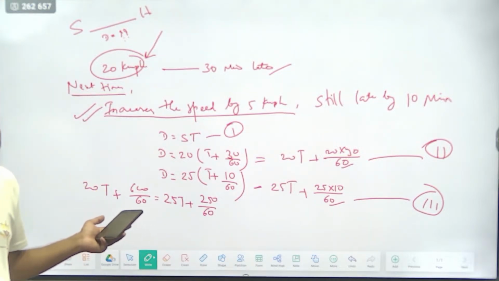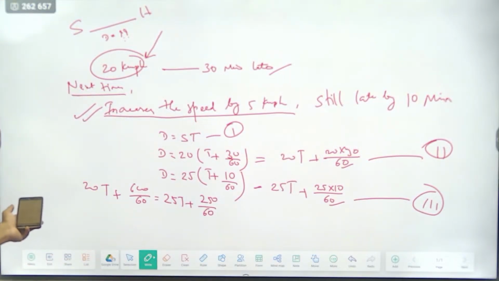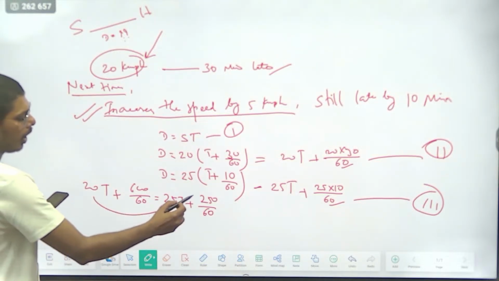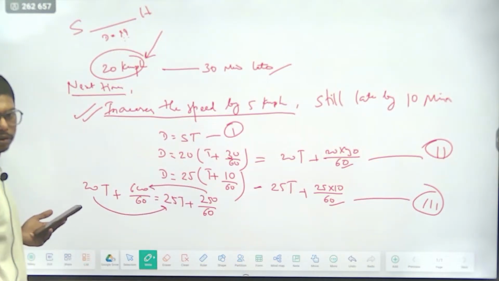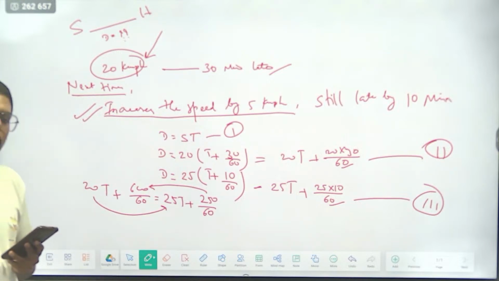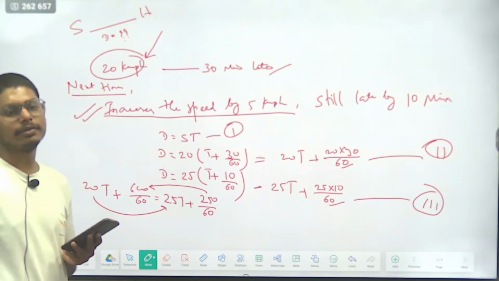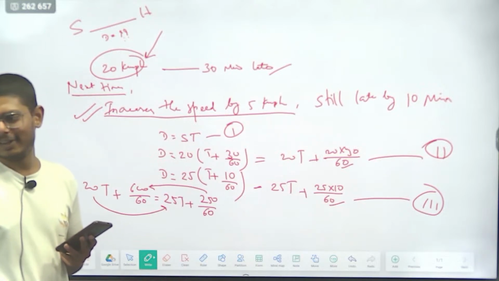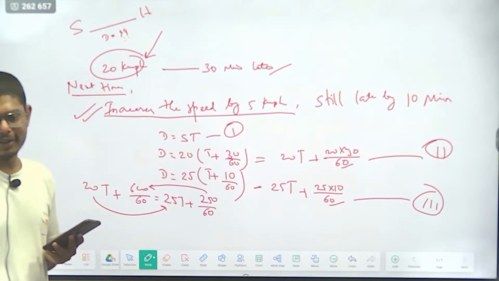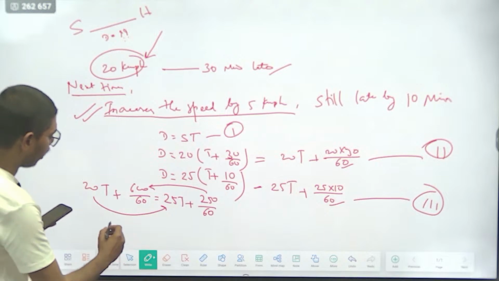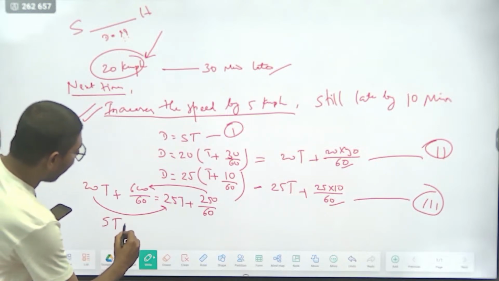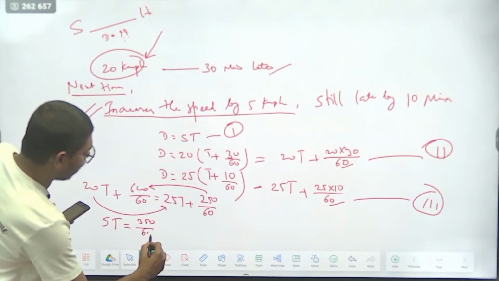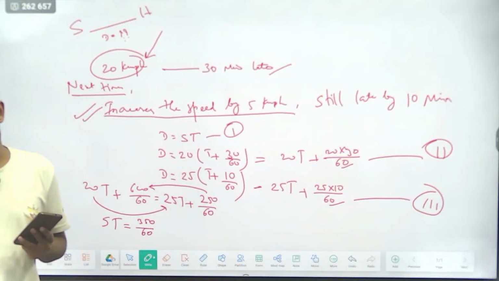Have I done some mistake? Anywhere? Now you will move this t to this side, and we will move it to this side, right? So which means what? It will give us 5t is equal to 350 by 60. Right? Is it 350 by 60? Yes or no?